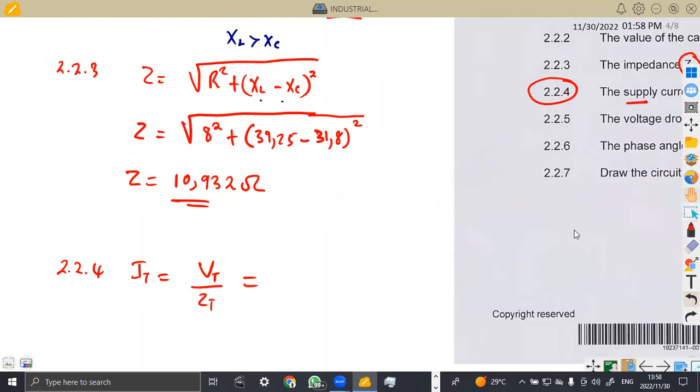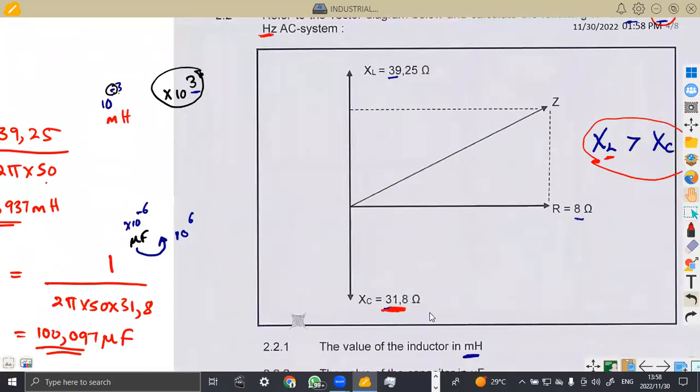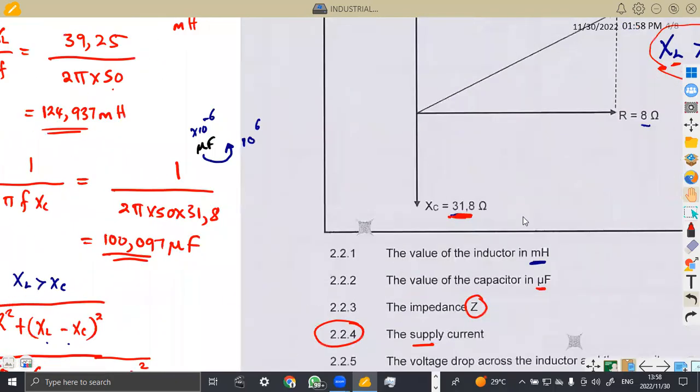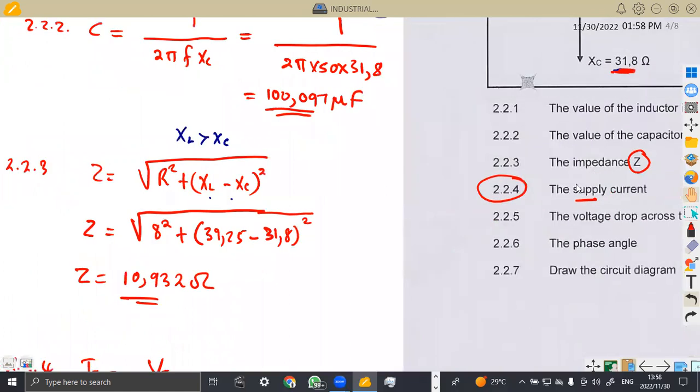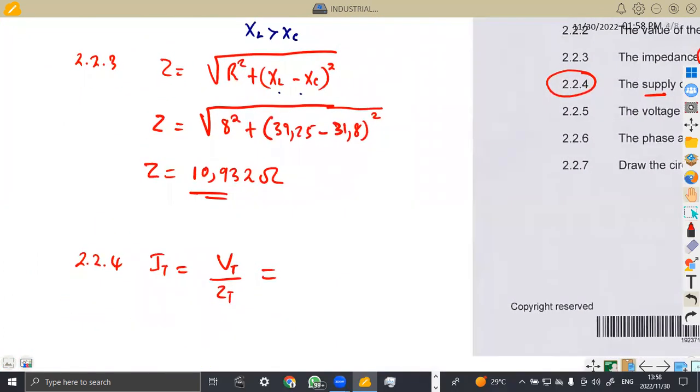And the total voltage is the one that you are given in this information. Remember, you're given 250 volts. The units there can tell you that is voltage. So it's going to be 250.